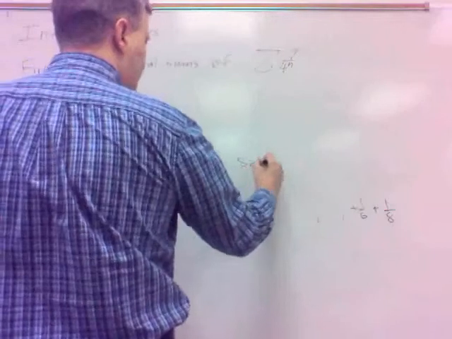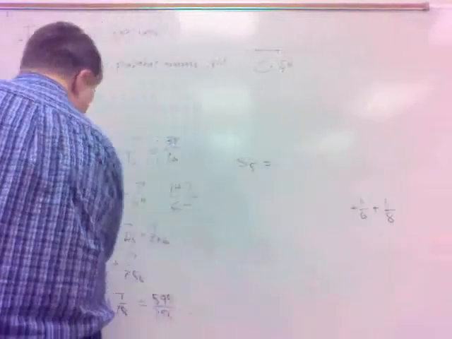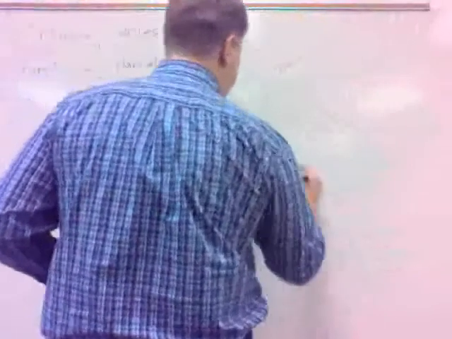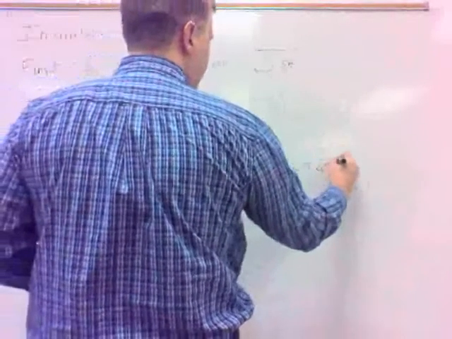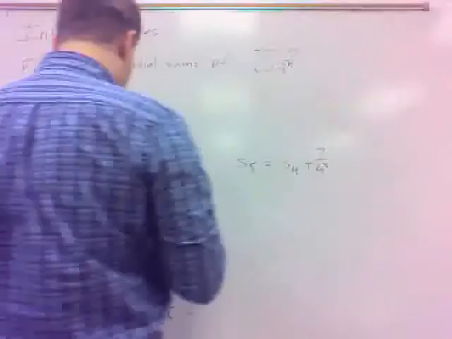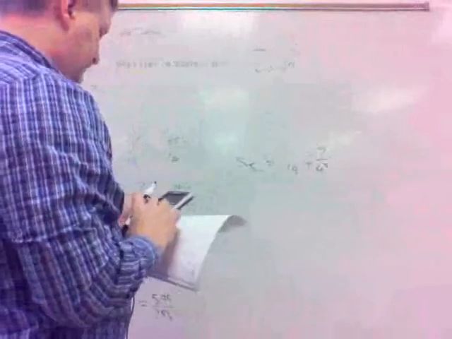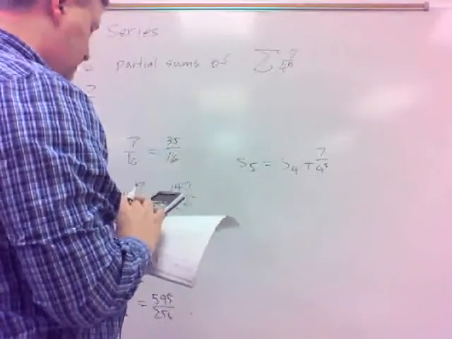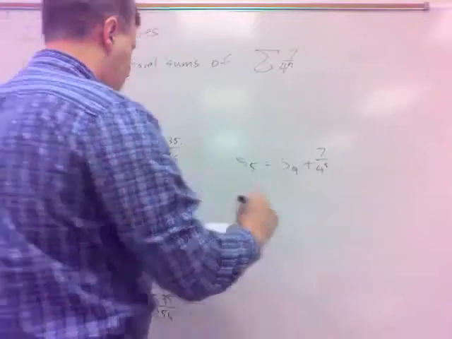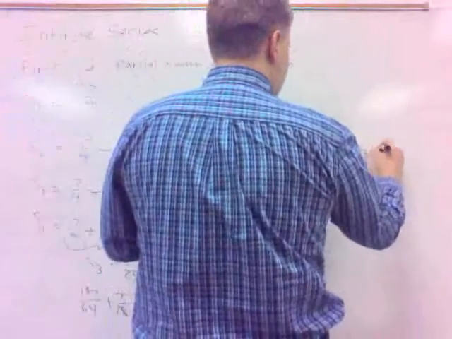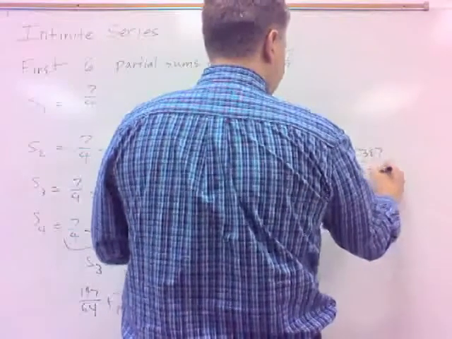So S5 would be S4 plus the other term, which would be 7/4 to the 5th. I think that's 1024, right? Which is 2,387/1024.